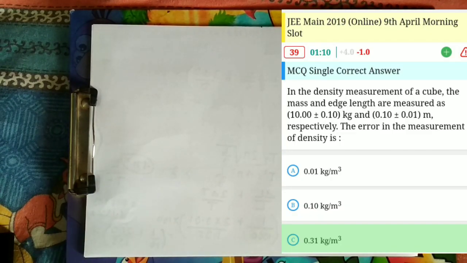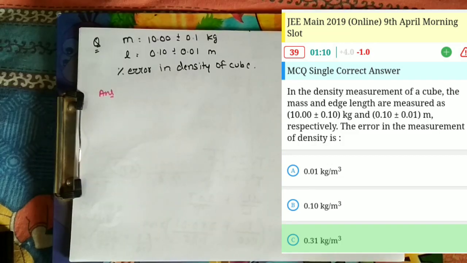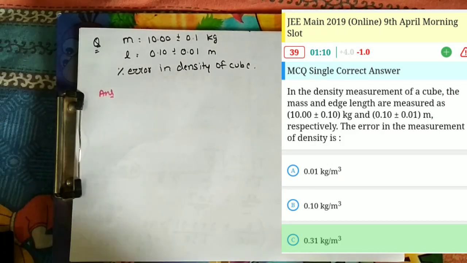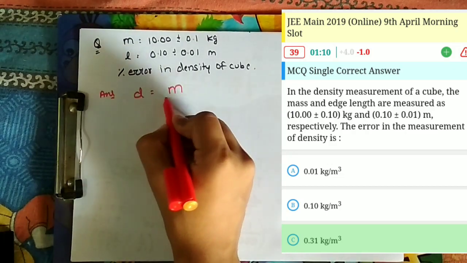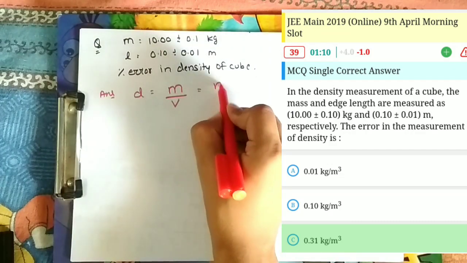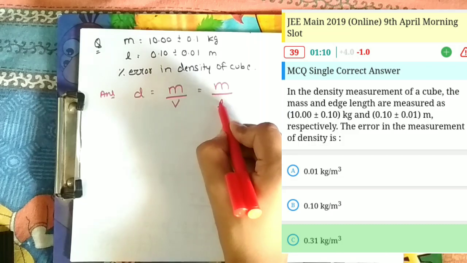There's another question given, density measurement of a cube. Now the question is mass is given of a cube and the length is given. We have to find percentage error in density of a cube. So we will write the expression for density of a cube, mass upon volume, and the volume of a cube is length L cube.